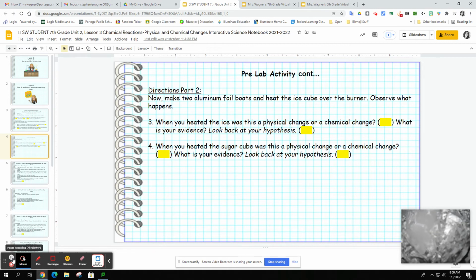Okay, so we changed the ice cube, but is it still the same substance? And how do we know? Okay? All right. Okay, so that's that one. Now the next one is going to be the crushed up marshmallow. So I'm going to just pour that right in there and see it in there.